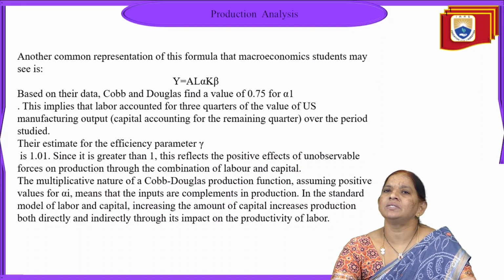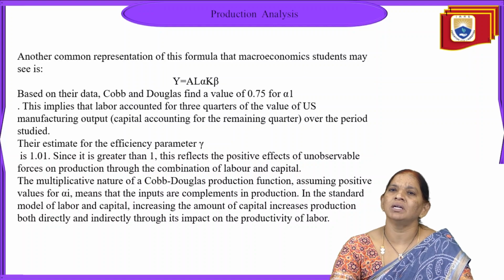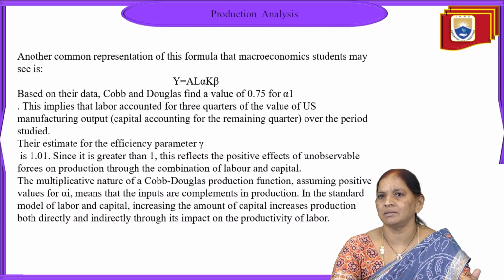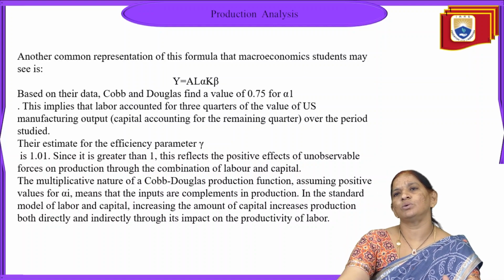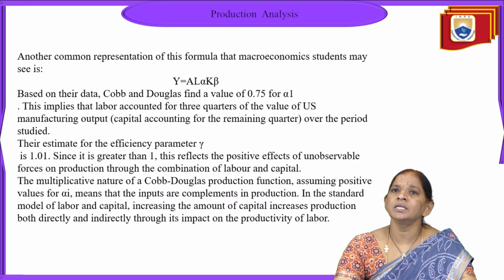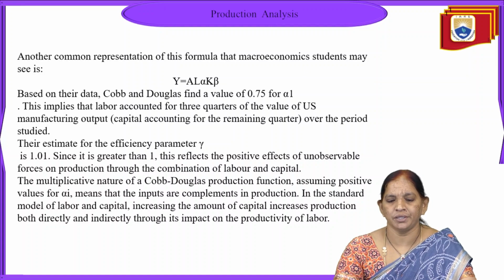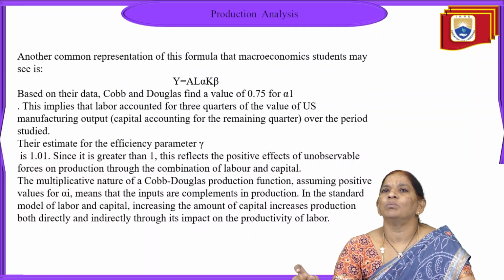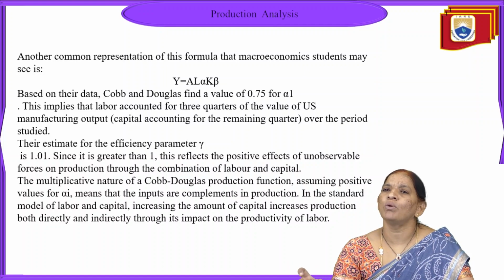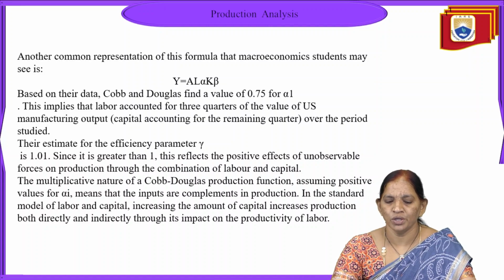The standard we kept is 1, but when we utilize or change the factors of labor and capital, this change reflects a positive impact, showing that the combination of those two factors gives us more than the standard. So it is a positive reflection.